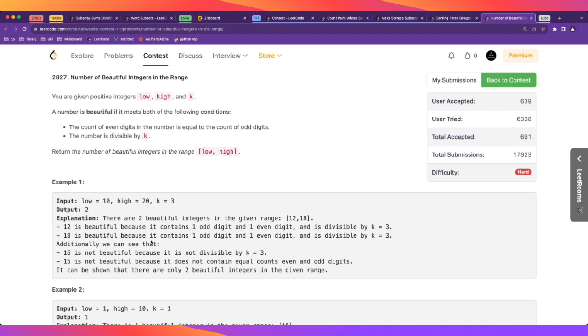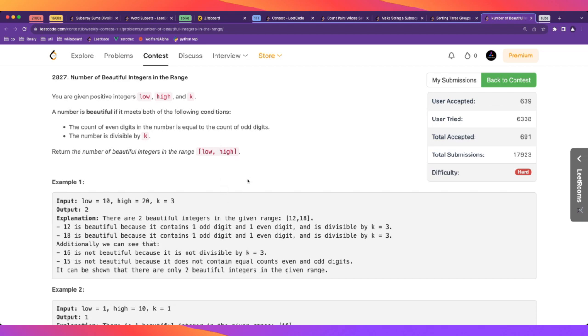So there is a technique to solve these kinds of problems, which is called digit DP, and it makes this kind of problem pretty simple actually.